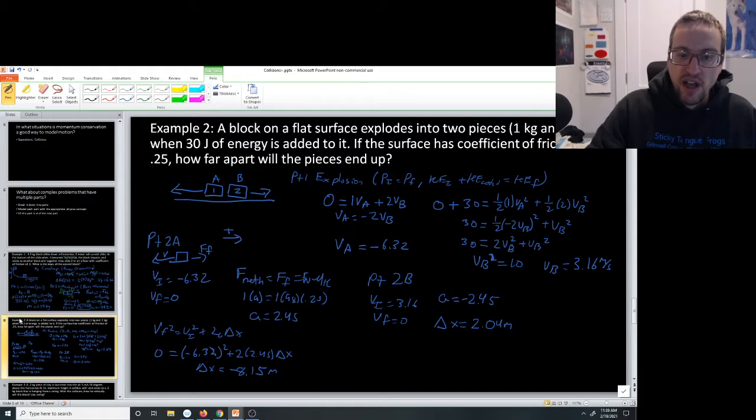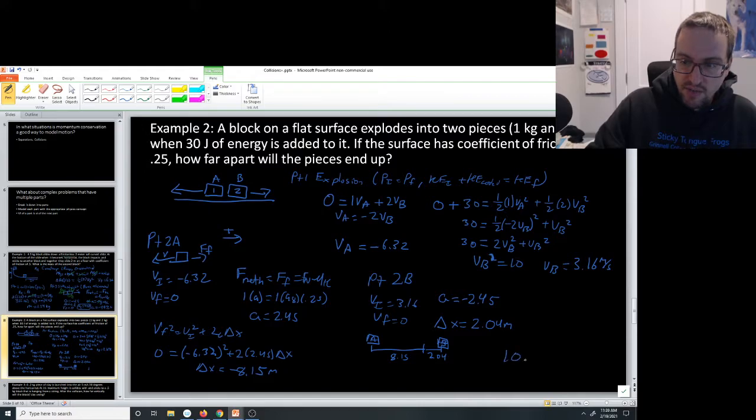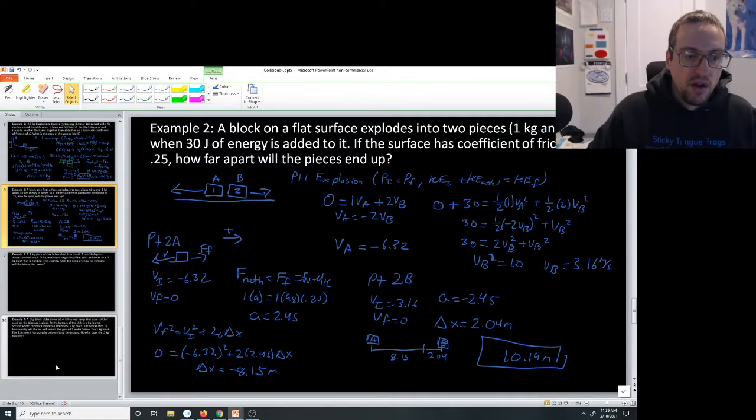That means one of them went 8.15 meters left, one of them went 2.04 meters right. This is where A is, this is where B is. Could have drawn that better. Which means that my answer is 10.19 meters. That's how far apart they end up. Okay. All right.